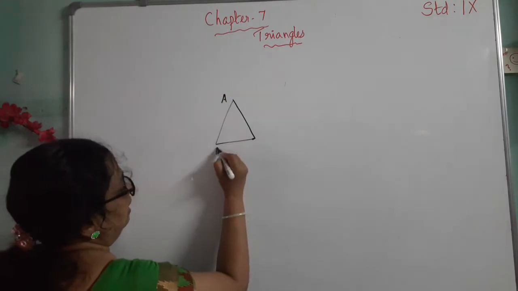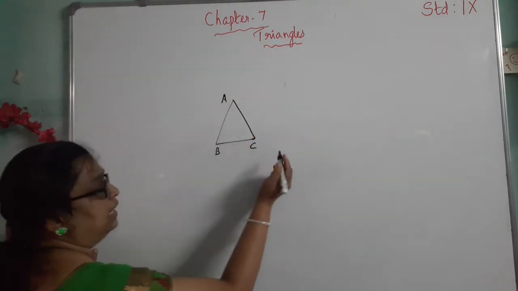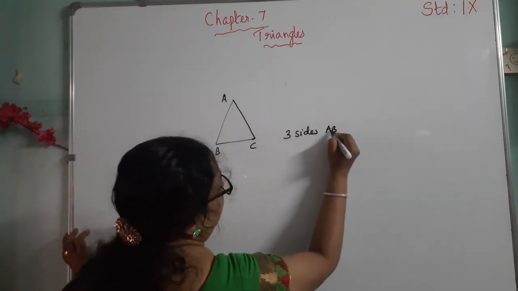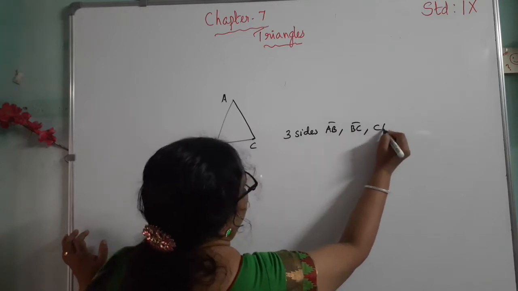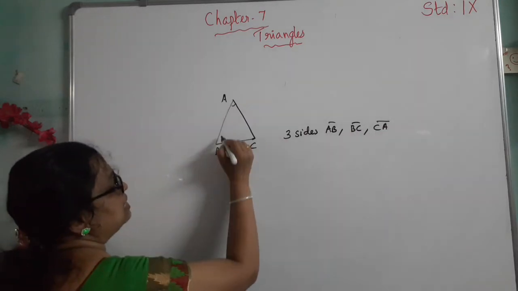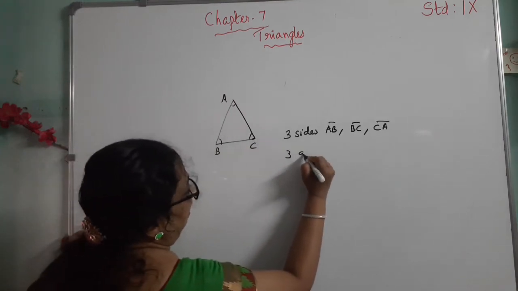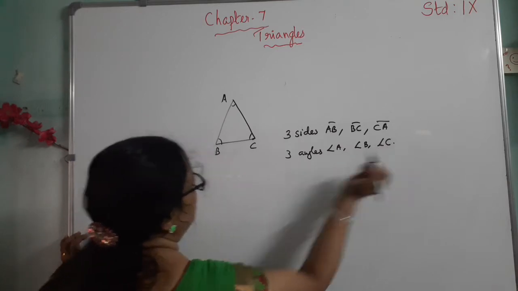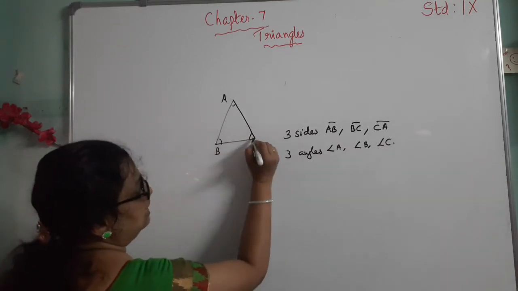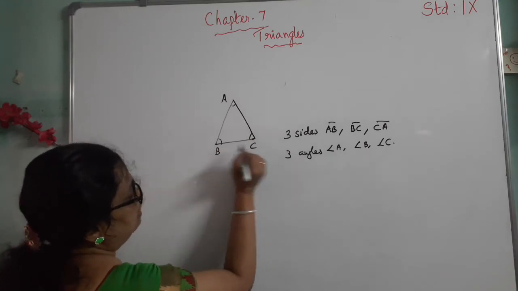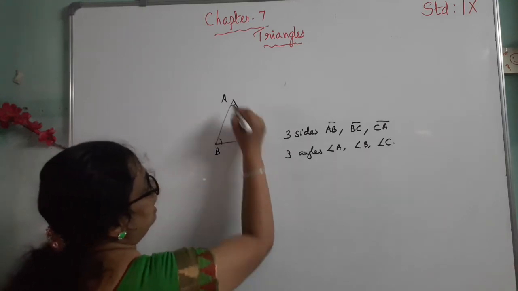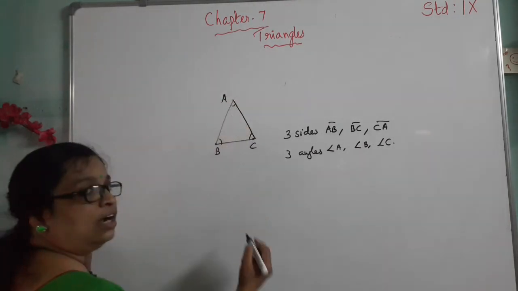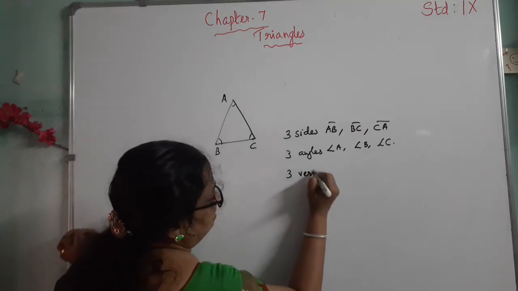Let it be A, B, C. And we know that in a triangle 3 sides are there. What are the sides? AB, then BC, then CA, 3 sides, and 3 angles also: angle A, angle B, and angle C. Then the meeting point of 2 sides, here sides AB and BC, the meeting point is B; BC and CA meeting point is C; CA and BA meeting point is A. That is called a vertex.